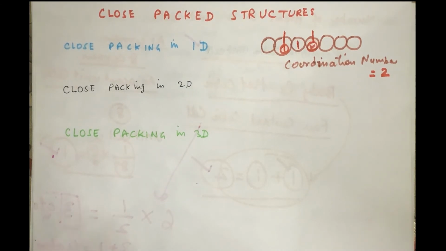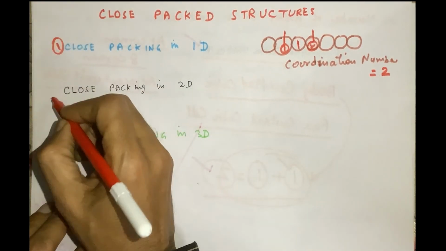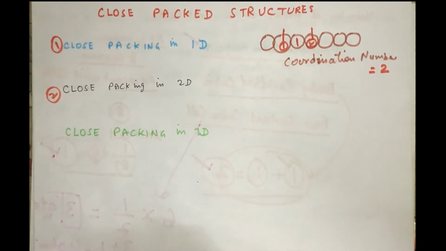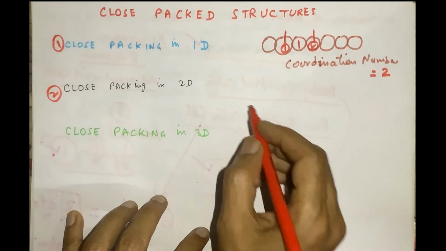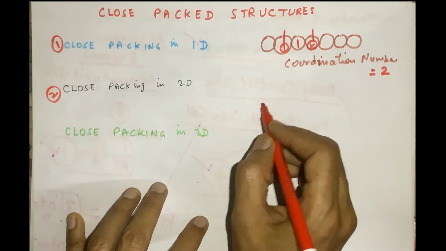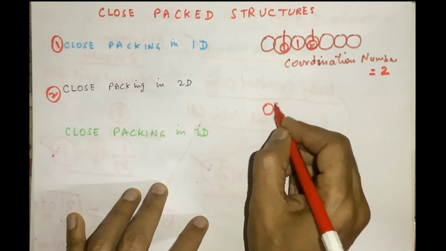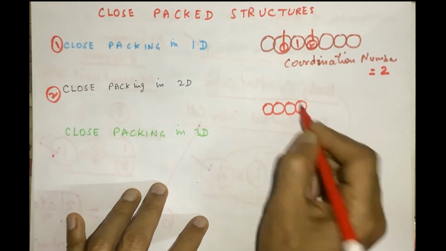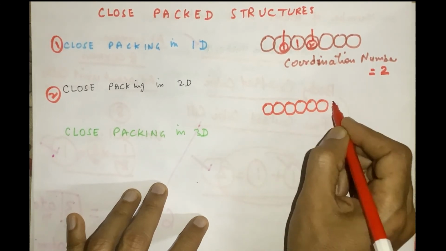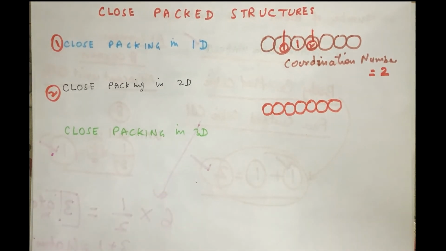Now this is the first. Second is close packing in two dimensions. Here, first we draw a structure in one dimension. Now, how can we draw the second row?